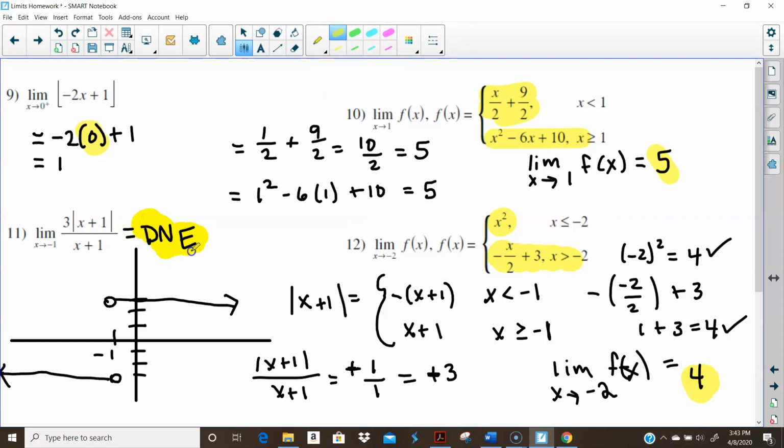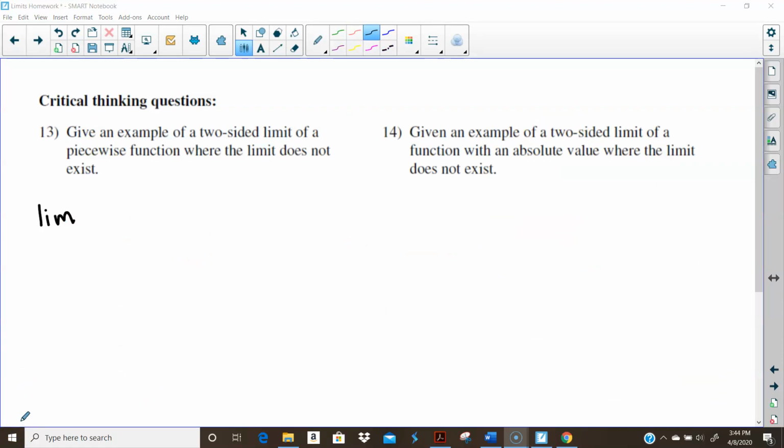11, does not exist. On number 13, we want a two-sided limit, which means we could make a piecewise function. If I do the limit as x approaches, and you can pick any number, let's say 1, then f of x is equal to, and it wants a limit that does not exist, so you just have to make sure that your piecewise function jumps or breaks at that place.